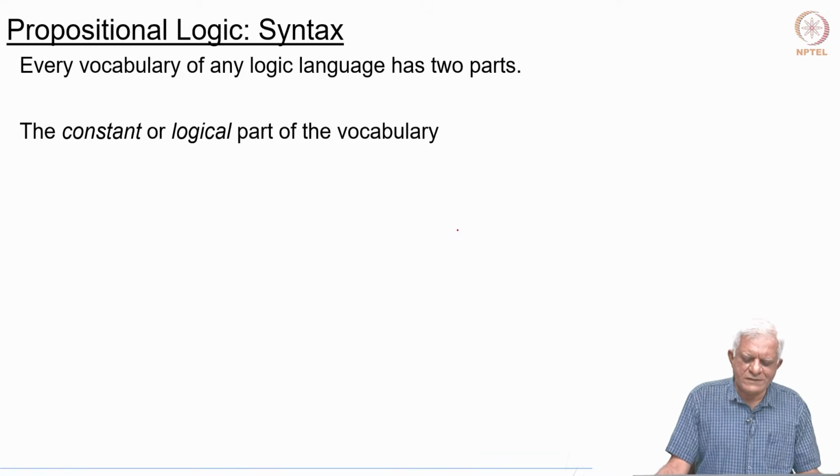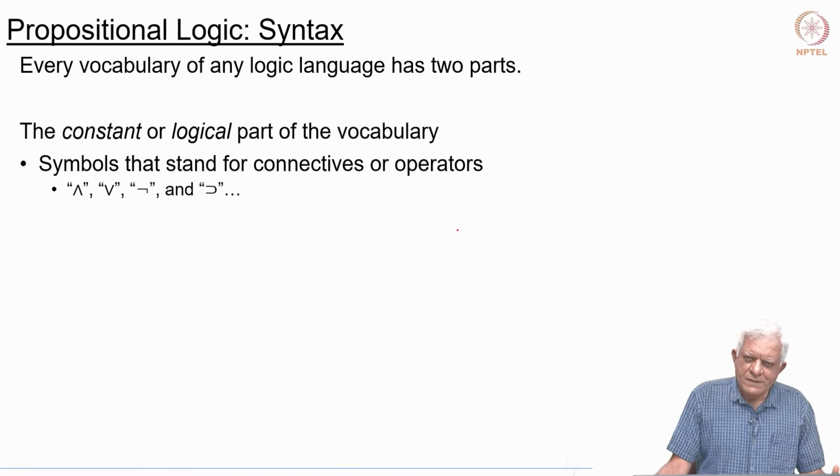The logical part of the vocabulary means the connectives that we are using. If you are writing programs to do reasoning or inference or deduction, then you would have a certain domain in mind, and you would choose that I need so many variables, P, Q, R and so on. We will see an example as we go along.